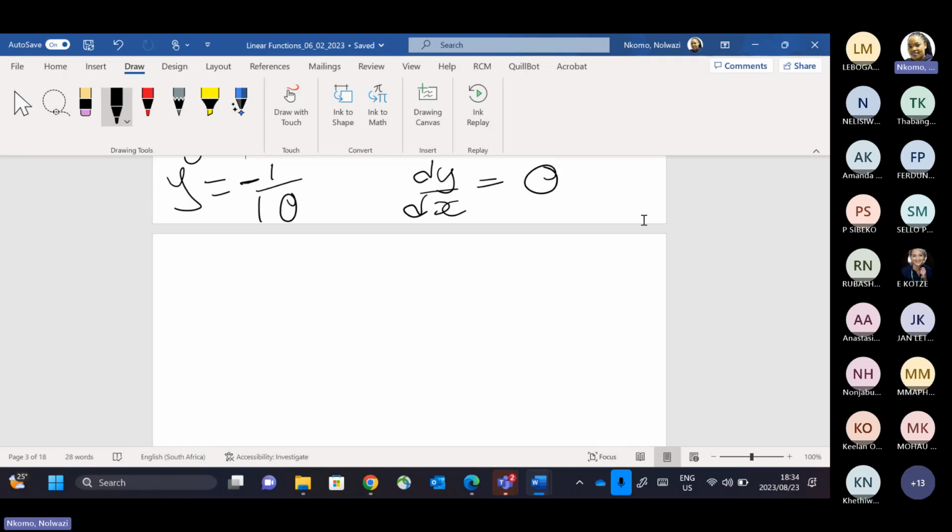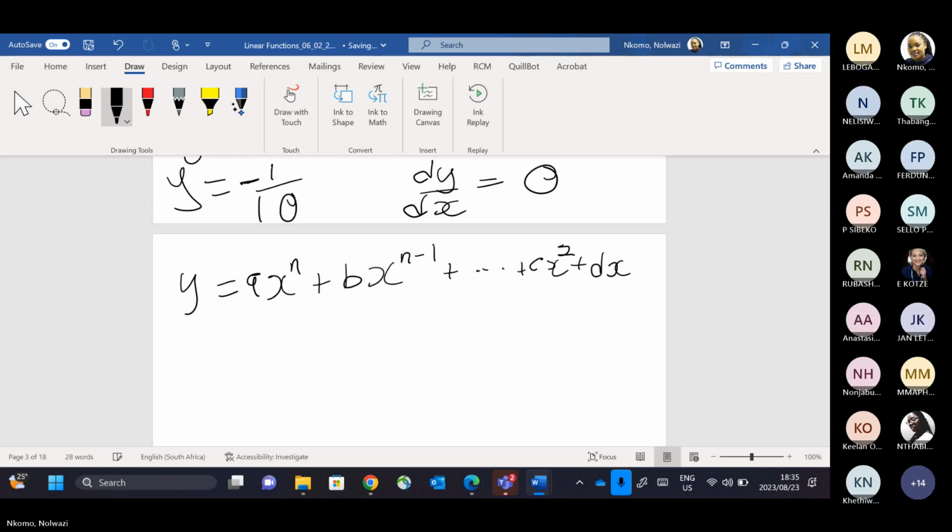For example, suppose we are given a polynomial y equals ax to the power n plus bx to the power n minus 1, plus any terms up to cx squared plus dx plus e. Suppose we are given a function like this.